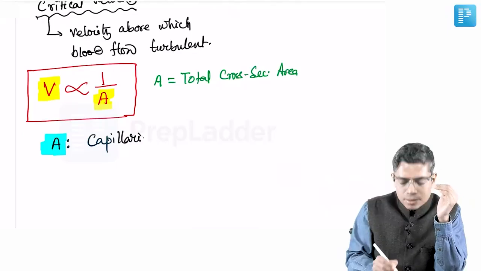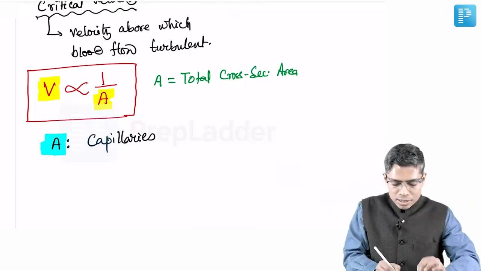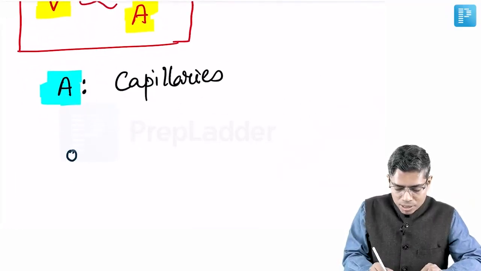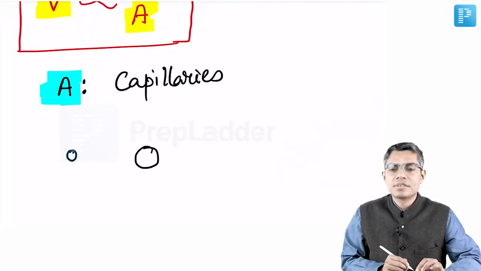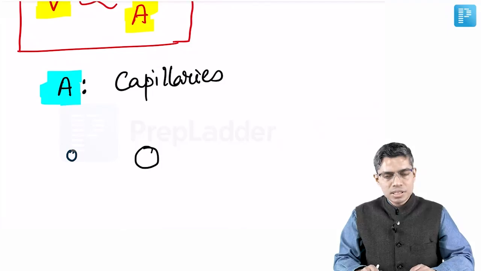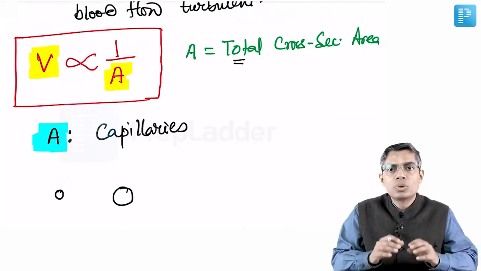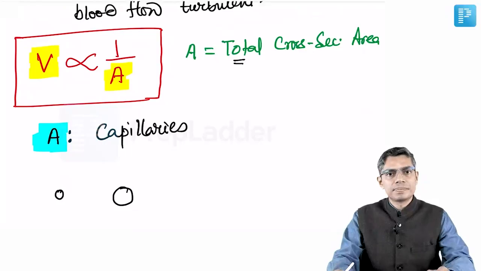Capillaries, right? What do you mean by capillaries? If you look at the cross-section of a single capillary, that will be very, very small. But if you look at the cross-section of the aorta, that will be very large. What I told you here is total cross-sectional area.